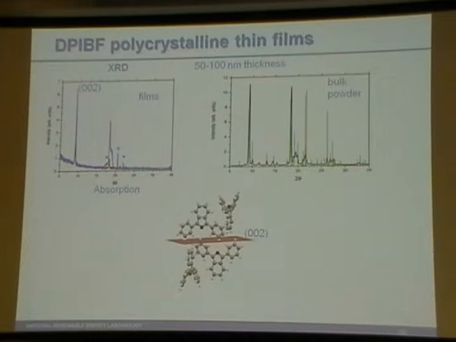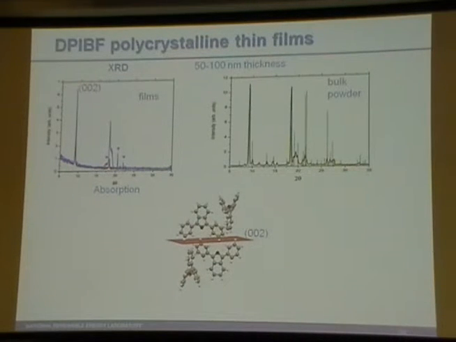The first thing we did was look at the films by X-ray diffraction. We knew already what the pattern should look like for the powder, based on what we had determined from the bulk crystal structure. And if we look at the one strong peak that we get compared to the powder, we realize that our films are highly oriented. We're not getting all these peaks, so we don't have randomly oriented crystallites all over our substrate.